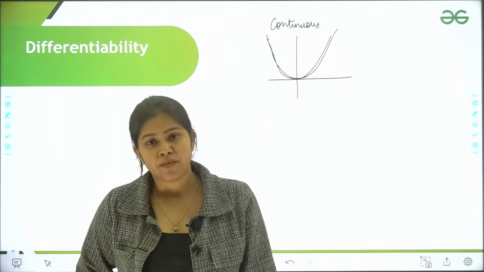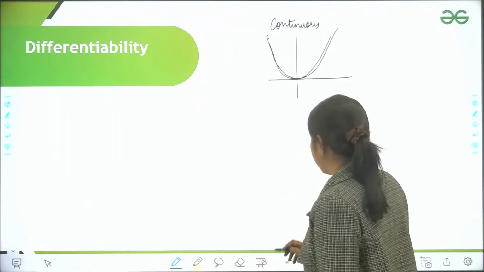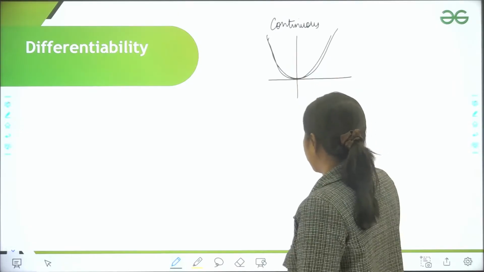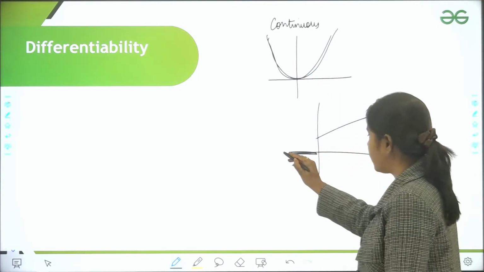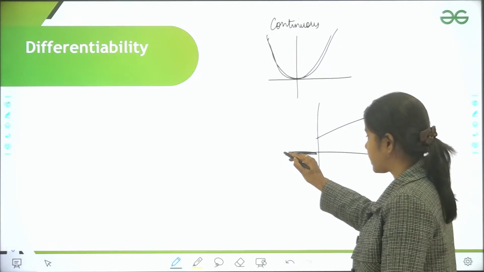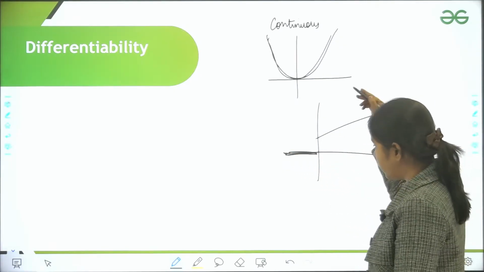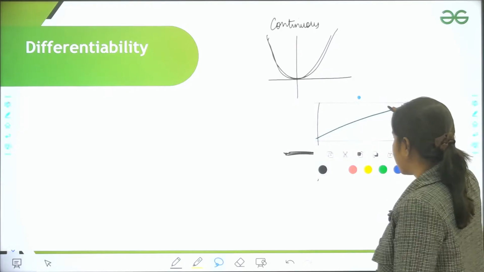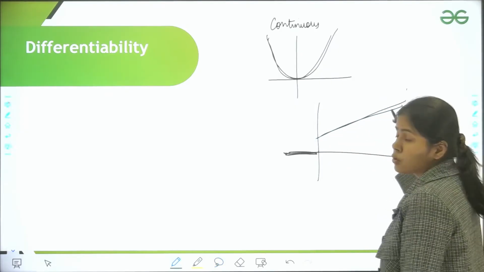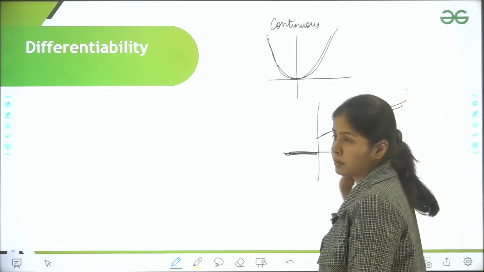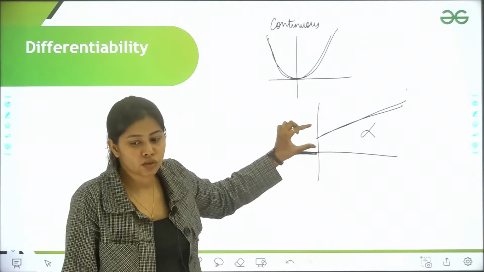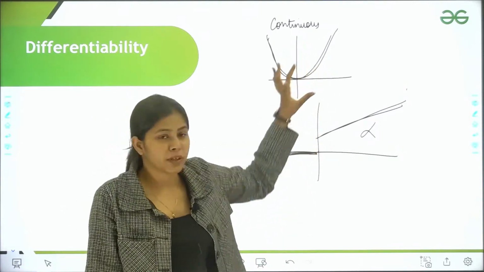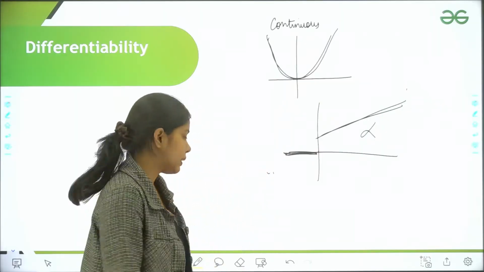But the graph I took previously, if I try to trace it, I have to lift my pen here to trace this graph completely, right? So I'll say that this is not continuous, because I can see that there is a break in the function. This function is continuous. That is continuity.